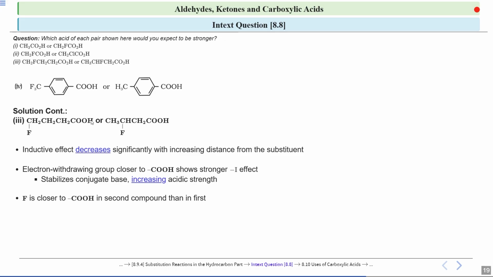This means that the second compound will experience a stronger inductive effect, which leads to a greater stabilization of its conjugate base. Therefore, we can see that CH3CHFCH2CO2H is a stronger acid, where the fluorine is closer to the COOH group. So this is a stronger acid.